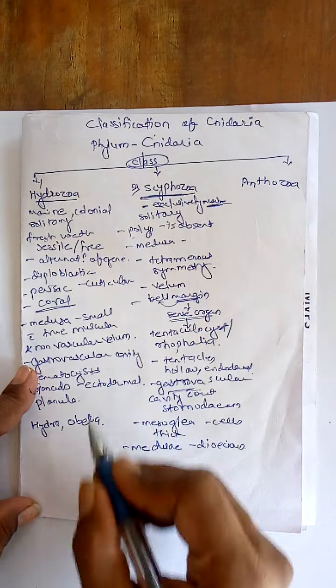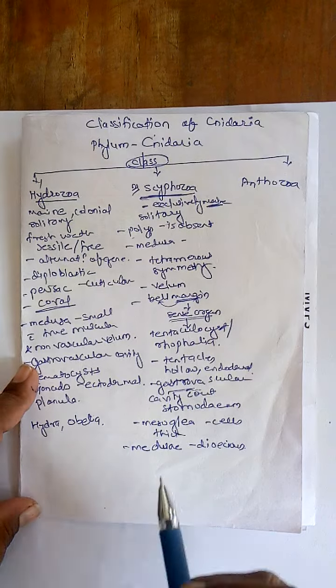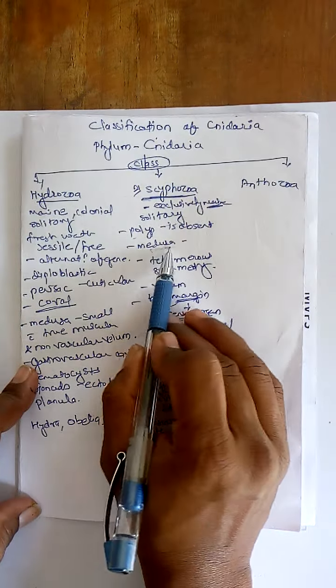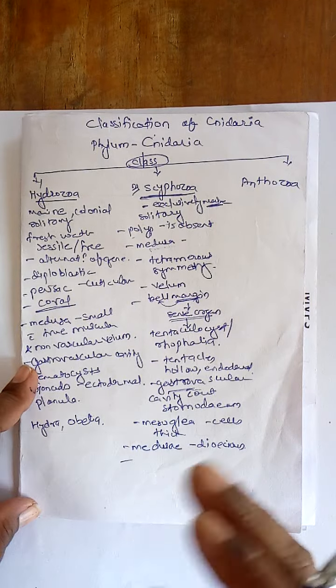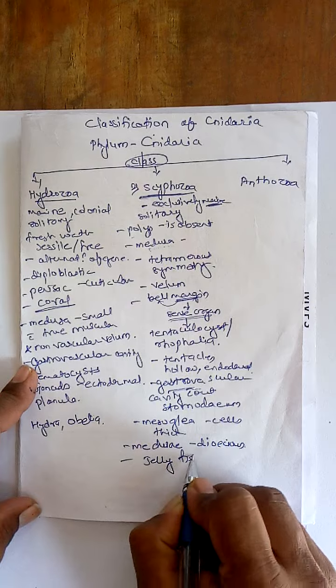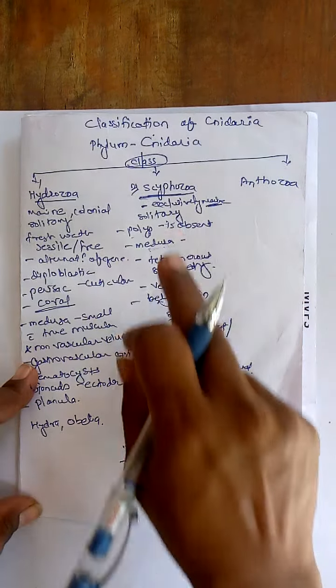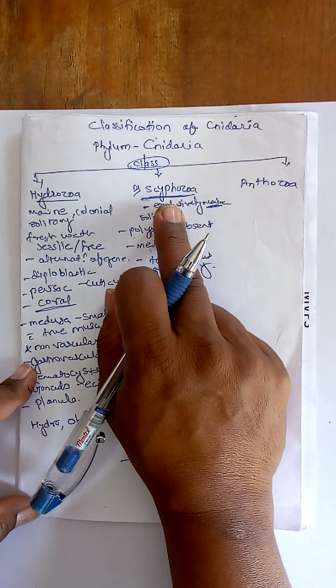All these animals are from Scyphozoa, and they possess the umbrella-shaped medusa. In general, we call them jellyfishes. So these are the characters of Scyphozoa.